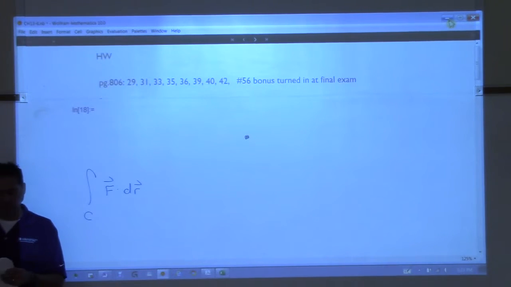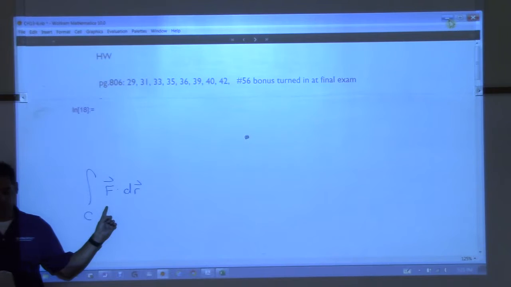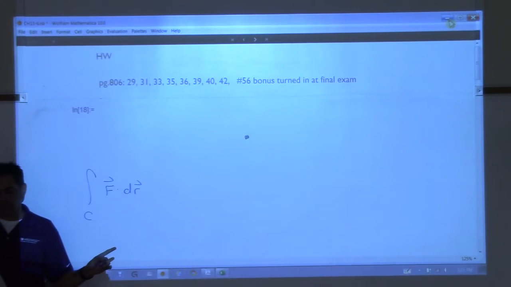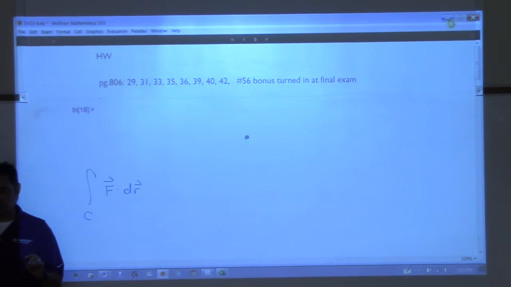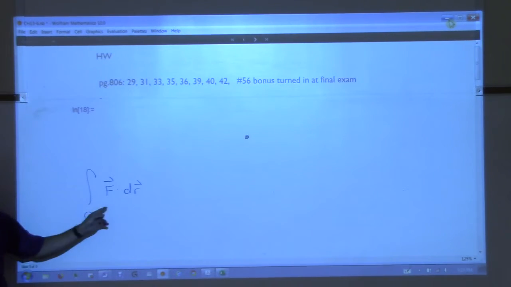The next one was to evaluate another one of these. But this time, I told them to use the fundamental theorem of line integrals. All I gave them was the vector field. Okay, so let's see if we can talk about this, because we do have a little bit of time. I asked my students to calculate this.